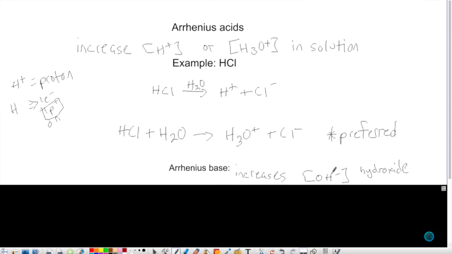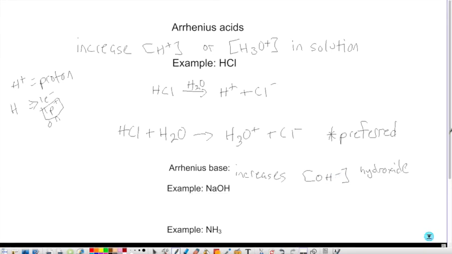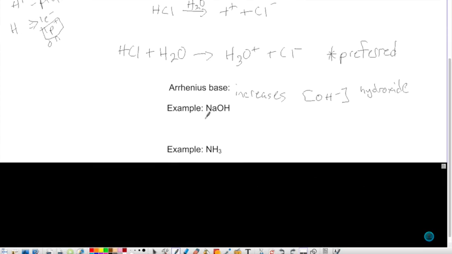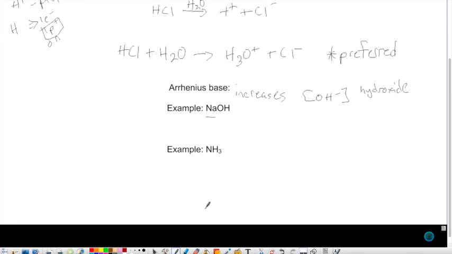So hydronium and hydroxide, very important to know. Now most bases fall into one of these two categories: either a metal hydroxide or an amine base. Amine just means nitrogen containing. Those are the two very common types of bases that you'll see lots and lots of.